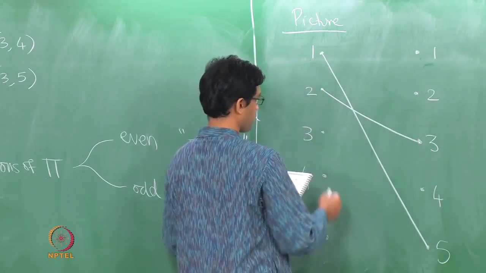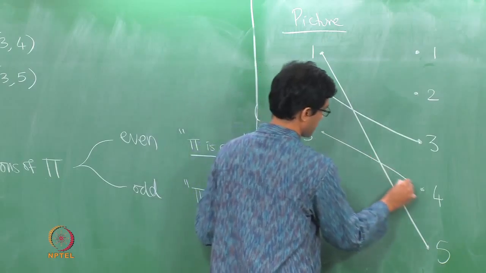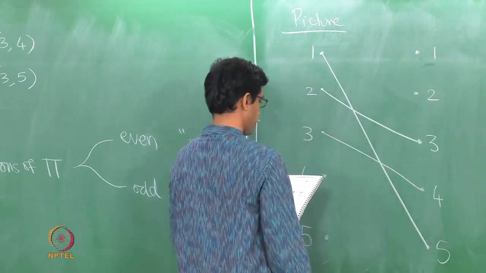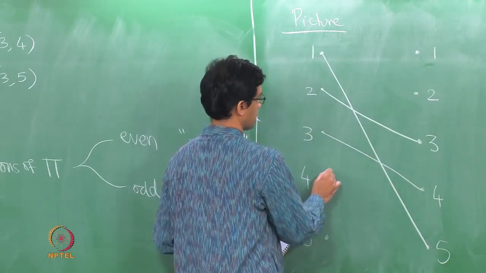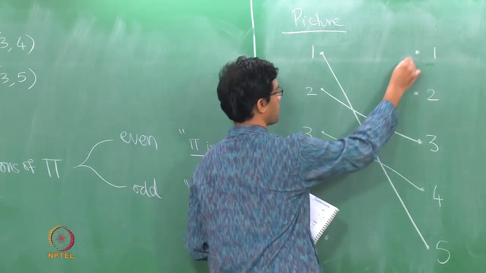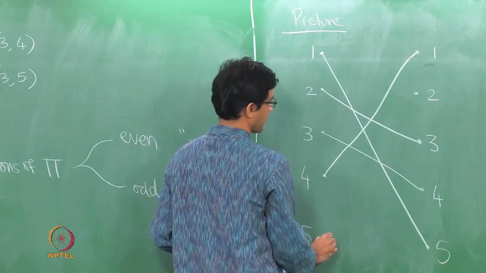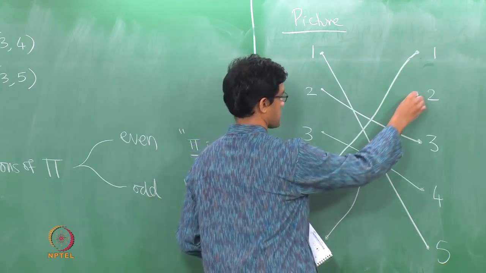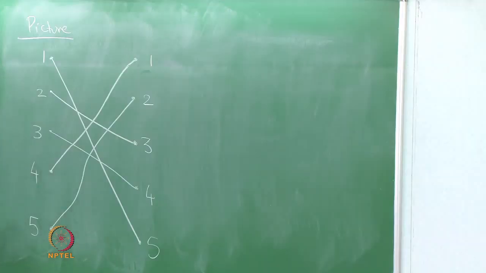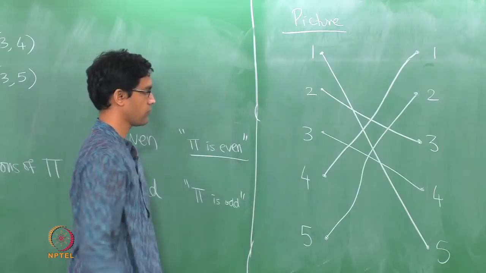It maps 3 to 4. It maps 4 to 1, and it maps 5 to 2. Okay. So here's the diagram which depicts what pi does to the numbers 1 through 5.